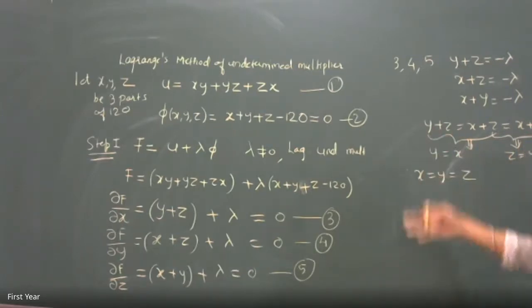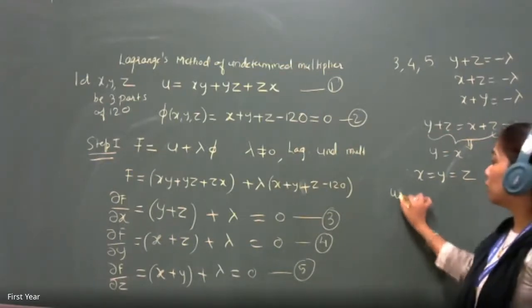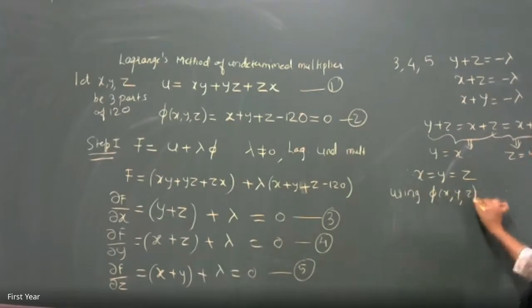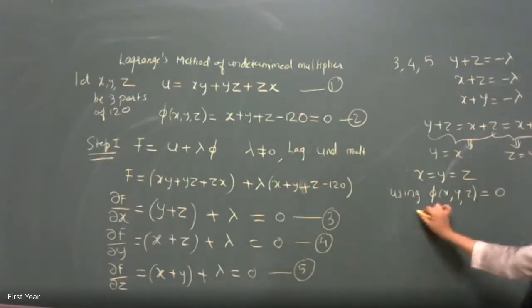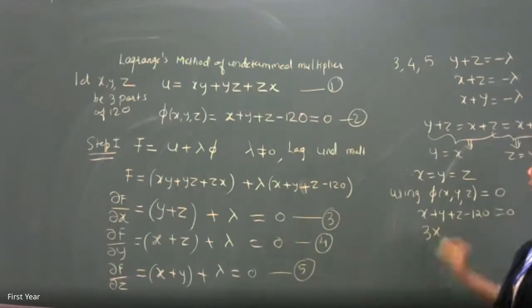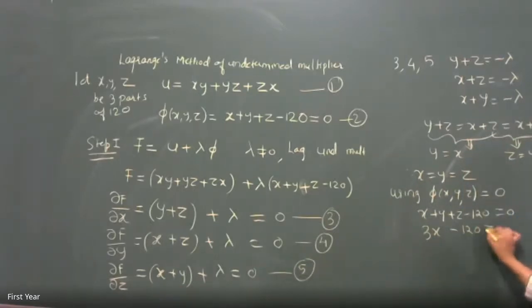Rather than that, this question is simple. You can get the value of x, y, z immediately. Now using phi of x, y, z, which is x plus y plus z minus 120 is equal to 0, gives you 3x minus 120 is equal to 0, because x is equal to y is equal to z. So x is equal to 120 by 3, which is 40.